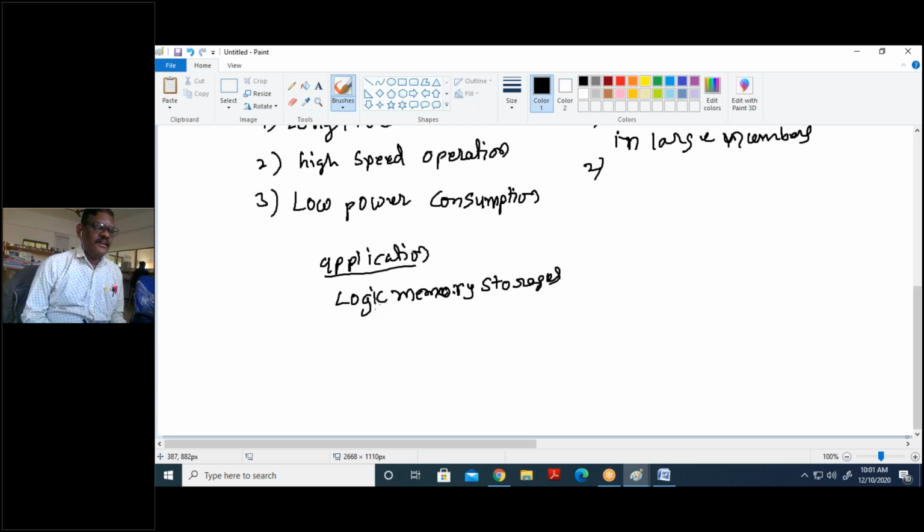Second, tunnel diodes are used in relaxation oscillators. Third, tunnel diode is used as an ultra high speed switch.